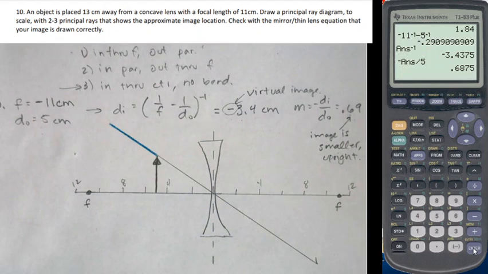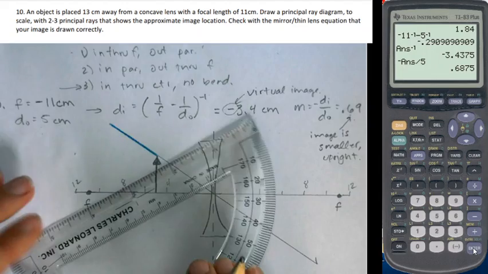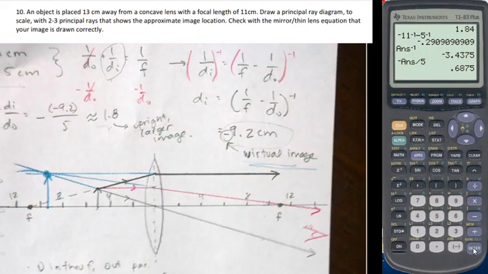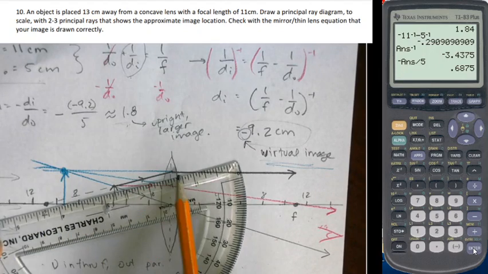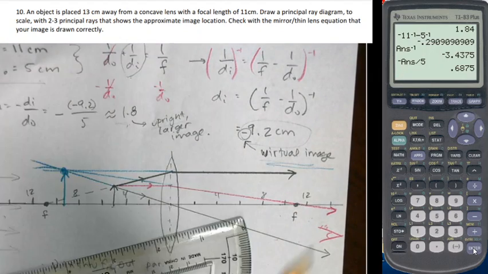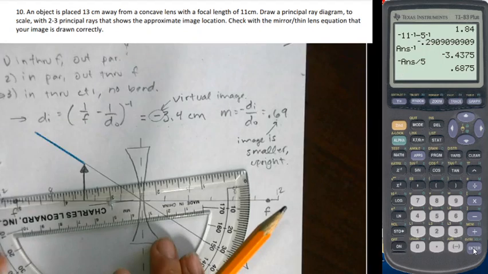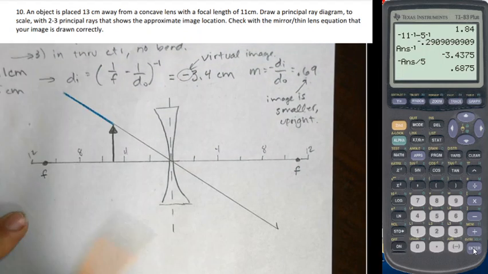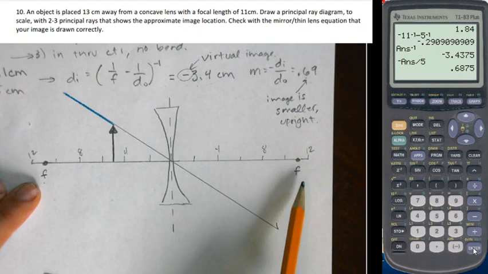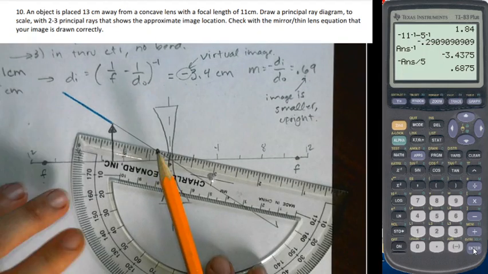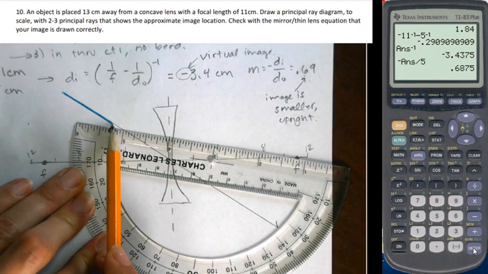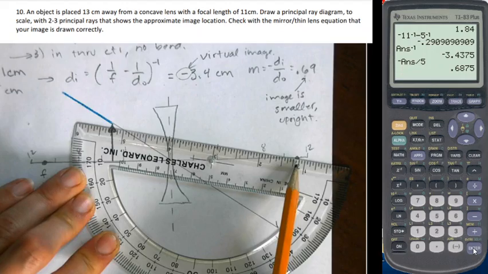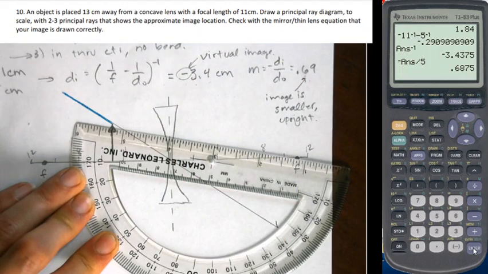For a converging lens, my in through F is a little different. So previously, my in through F was this one. So it seems like it comes from F, it goes to the object there. That's what you do for the converging lens. For the diverging lens, my in through F is not in through this F, but in through this F. So I want to imagine a ray that is leaving the tip of the arrow and it is on its way toward F. It will never hit F because it's going to bend when it gets to the lens.